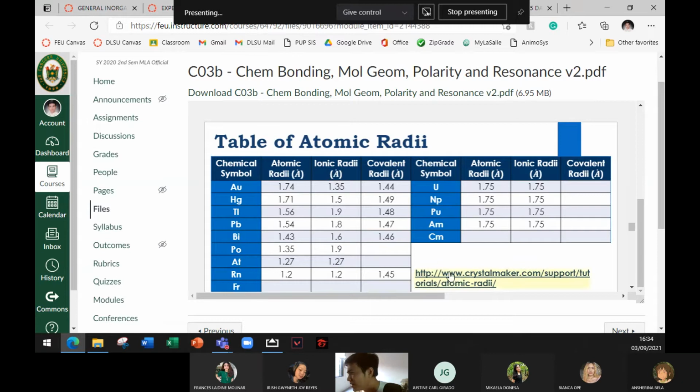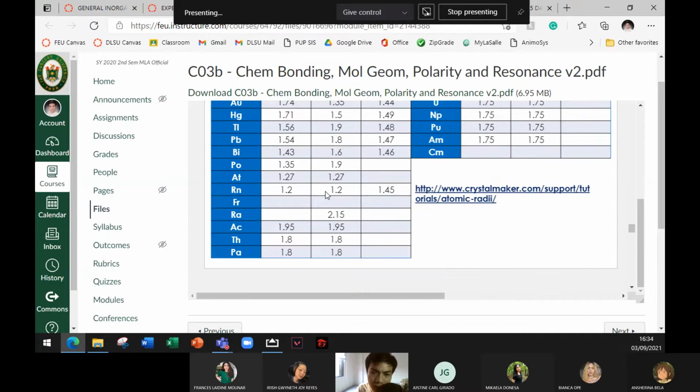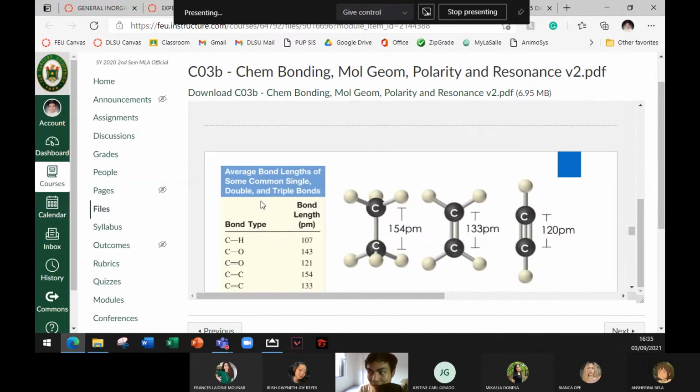And this table sa Google lang kinuha. So magkakaroon talaga ng differences, and ganun talaga sa chemistry. Depending on what material you are using, you will get small differences sa results mo. Pero the idea is andun pa rin naman.